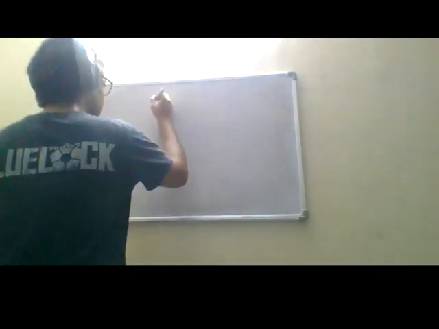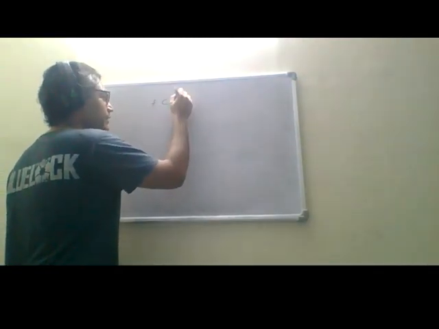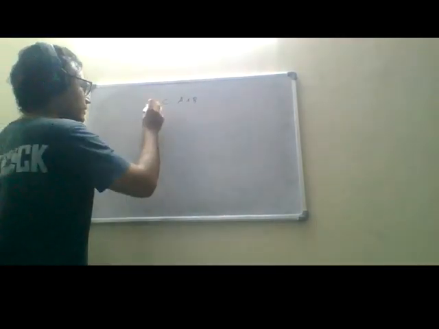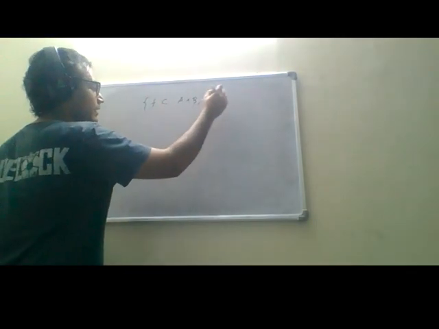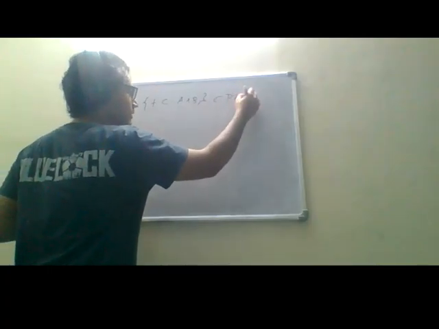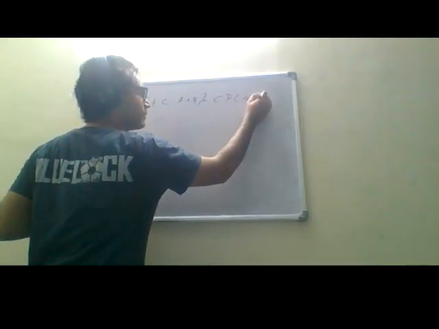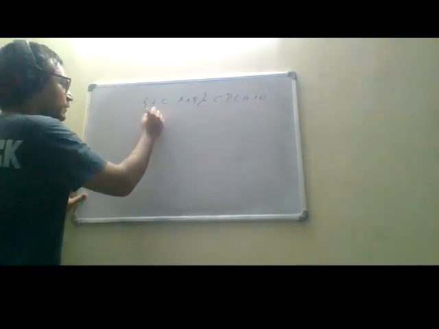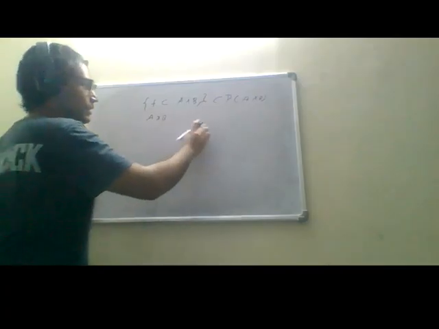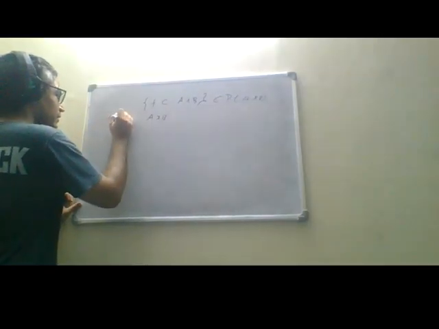Okay, the last question is just an application of this one. Observe that every function is a subset of A cross B, right? So the set of all functions is a subset of power set of A cross B. And A cross B is finite, given to us, because A and B are finite.